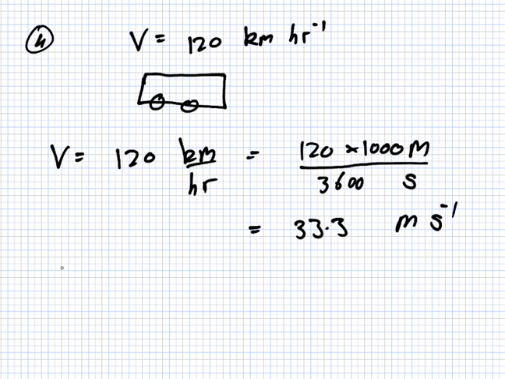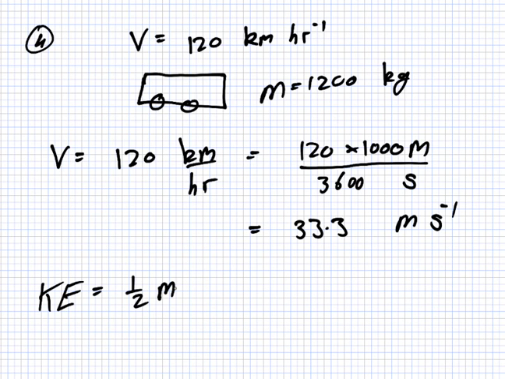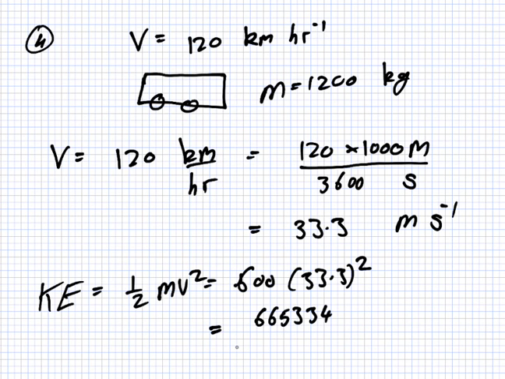Okay. Do I give you the mass? I do: 1,200 kilograms. So the kinetic energy is a half mv squared, which is going to be 600 times 33.3 squared, which is going to be a pretty big number. What is it? 665,334.